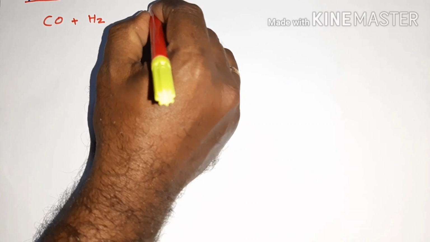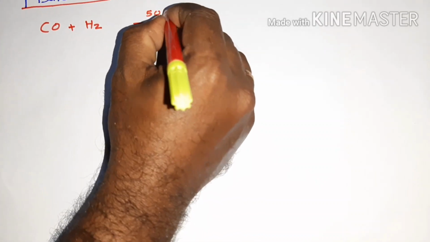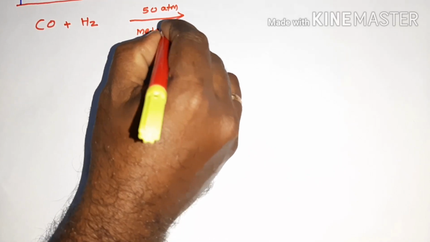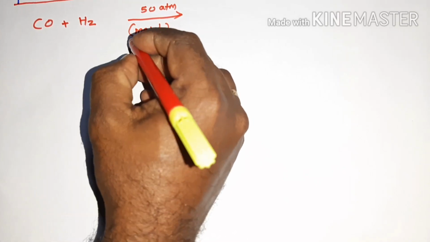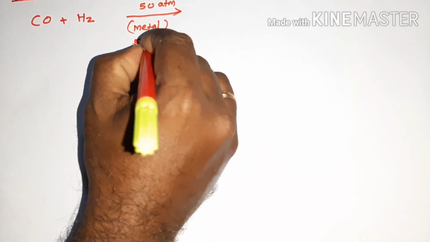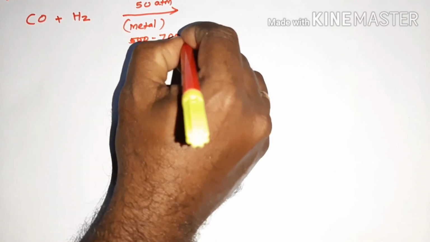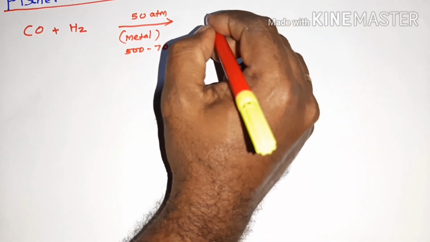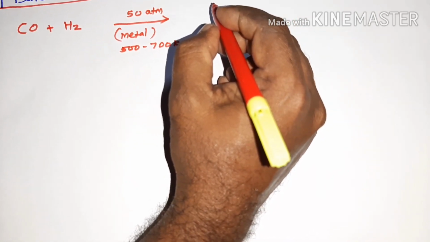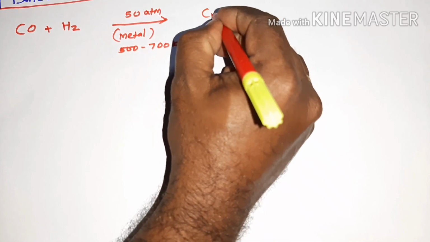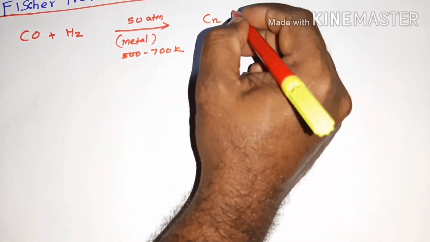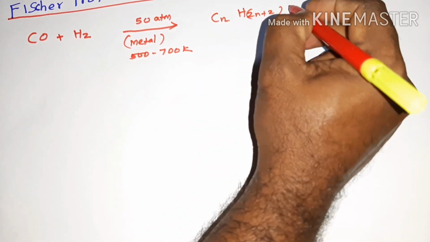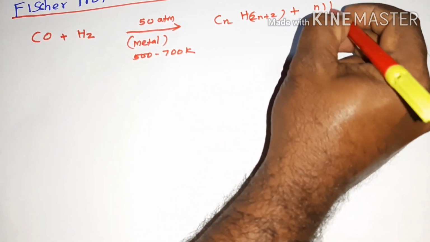Pressure is around less than 50 atm. Metal is a catalyst, any metal you can use. Then temperature is 500 to 700 Kelvin. We are getting saturated and unsaturated hydrocarbons. Here saturated means alkane. The general formula of alkane is CnH2n+2 plus n times water.